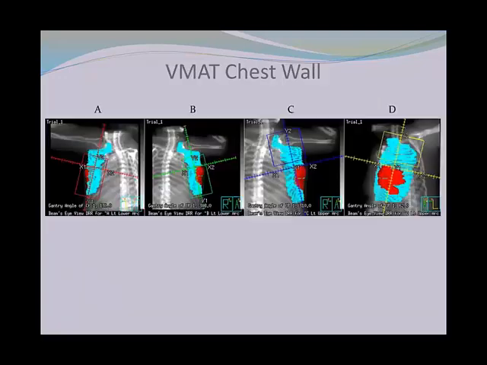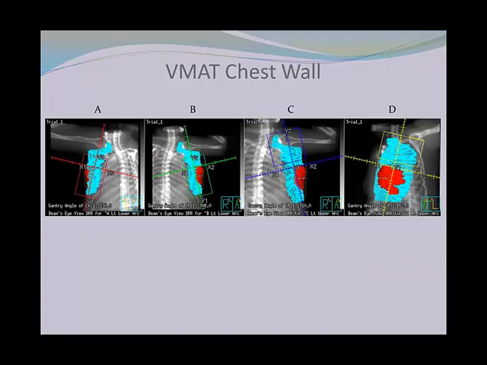Now for field D, I actually had a posterior field with an arc from the back, but because I'm limited by the arm, and also because I have the traditional couch, I can't really start further back close to 180 degrees. I ended up with a lot of hot spot striping from the back, and it didn't look good at all, and I wasn't even getting the coverage I needed.